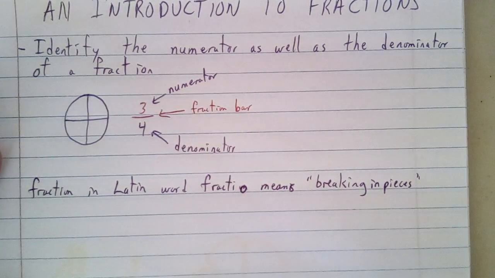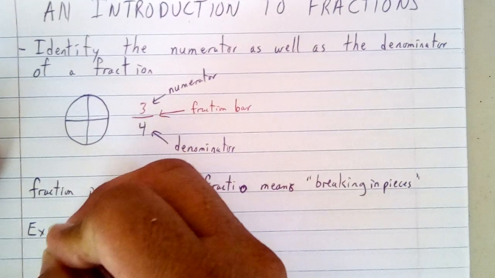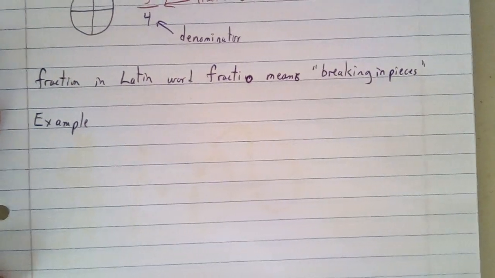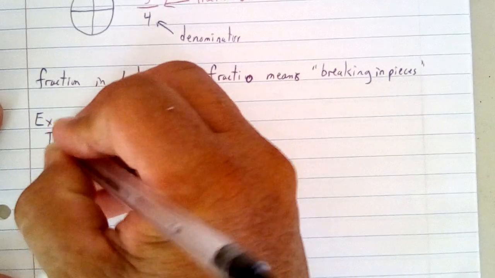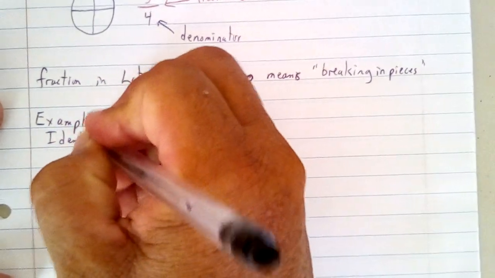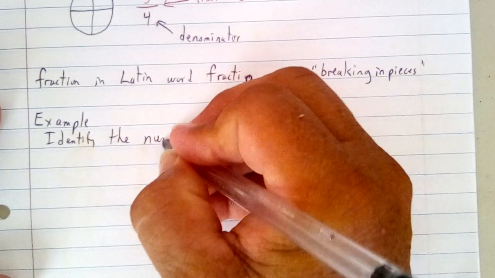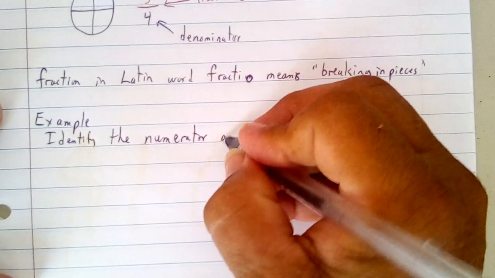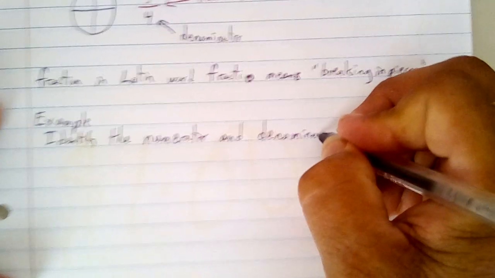So now let's go with some examples. Our first example will be with numbers. If I tell you, identify the numerator and denominator, can we do that?